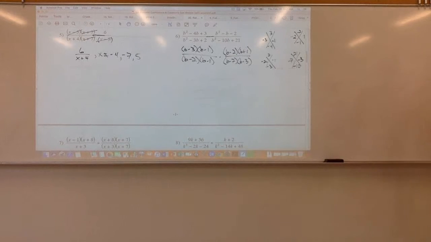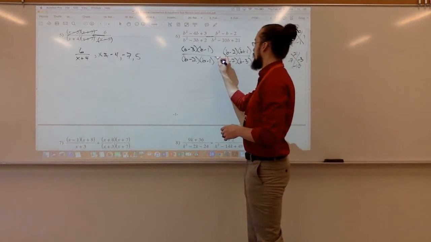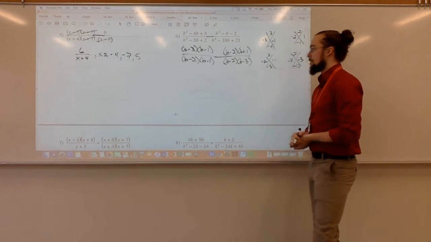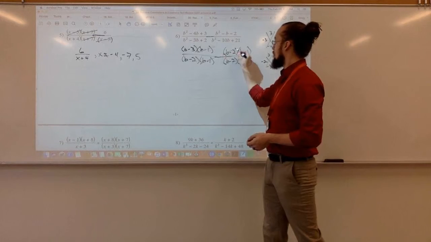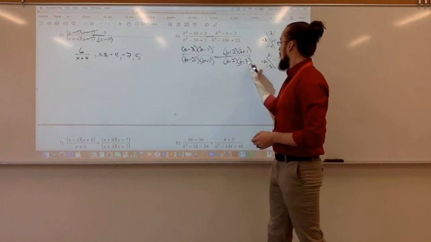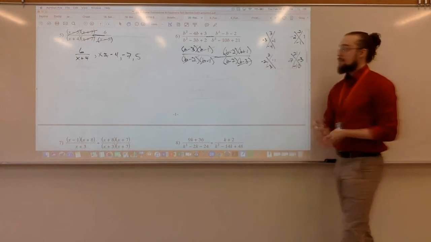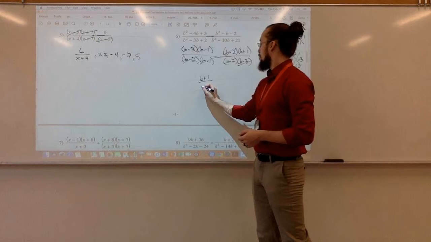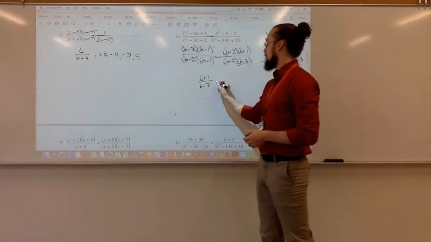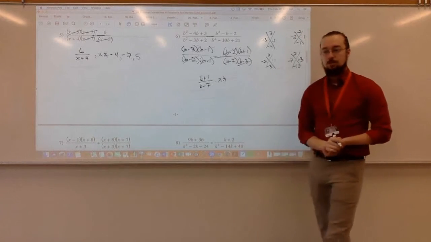So now that we have everything factored, we can think about this as one huge fraction and just start canceling things out. I see b minus 1s, I see b minus 2s, and I see b minus 3s. So I'm just left with b plus 1 over b minus 7, and then we need our restrictions.